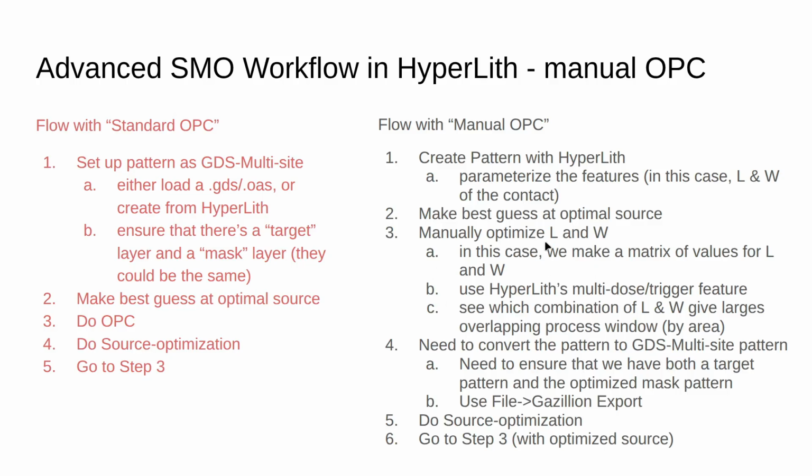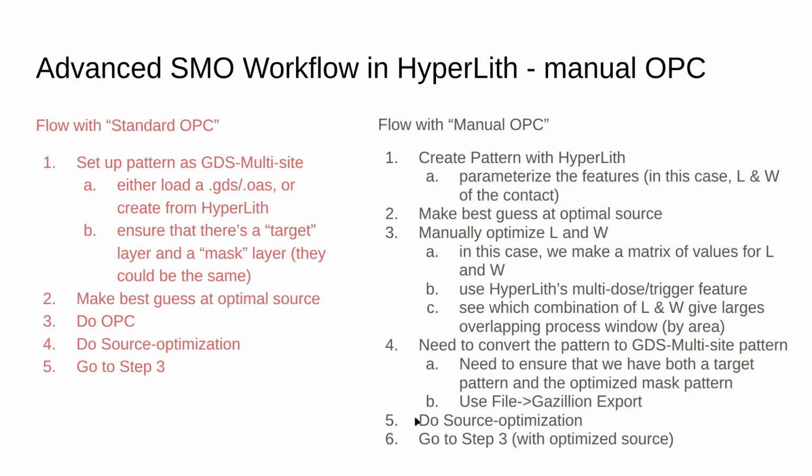This was an optimization of the length and the width of the contact. Then we converted it to a GDS multi-site, ensuring that we had a target and a mask pattern. In this case, they were different. Those were on different layers. We used the gazillion export feature to do this.